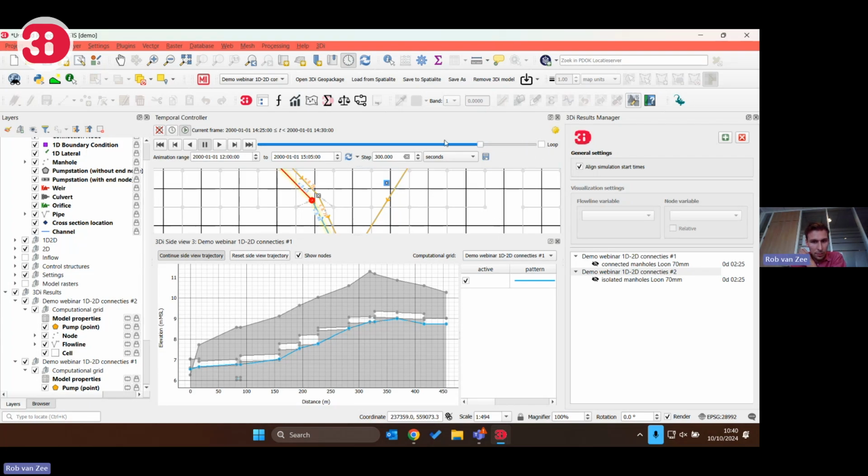So here you can see at the start of the simulation, there's not a lot of water in the sewage, so it's a blue line. And over time, at this point, there's some rain in the middle. It rises, and in some locations, so for example here, water flows above the manholes, and then it comes on the streets. So what you see here, the brown, the gray area is actually the surface level. And then over time, it slowly drains again. And now the entire simulation is empty again.